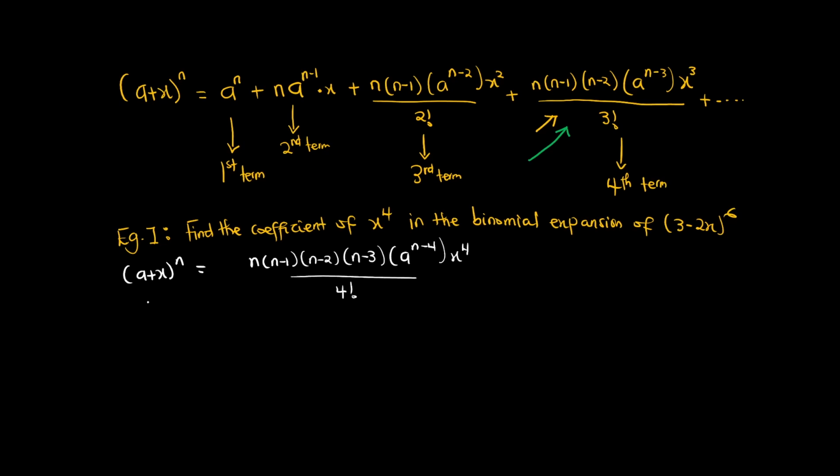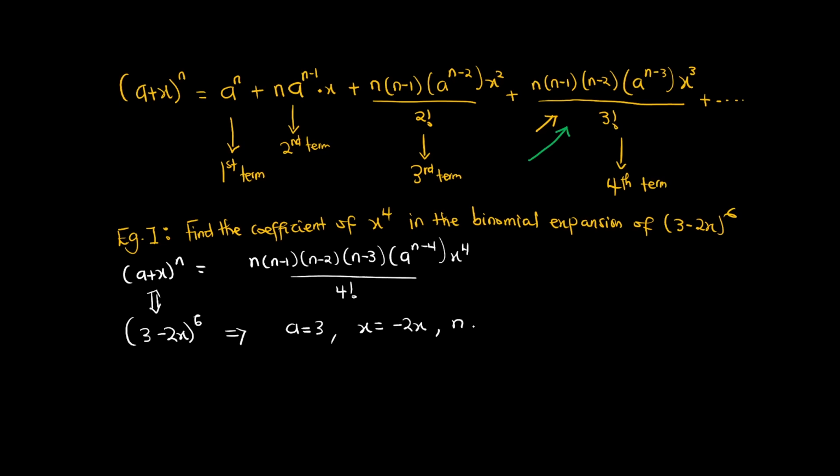That is if we are using this. But the question is giving us the expansion 3 minus 2x raised to the power 6. Okay, this means that if I compare this to this, the a over here is the 3 over here, so the a is 3. Now the x at the top over here is the negative 2x over here, so the x is negative 2x.